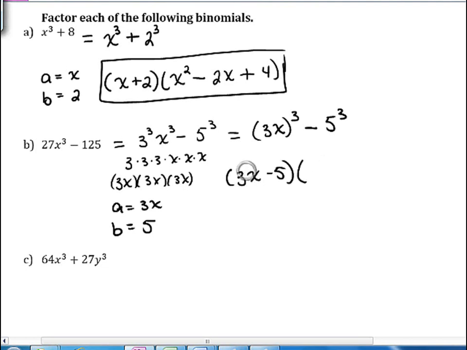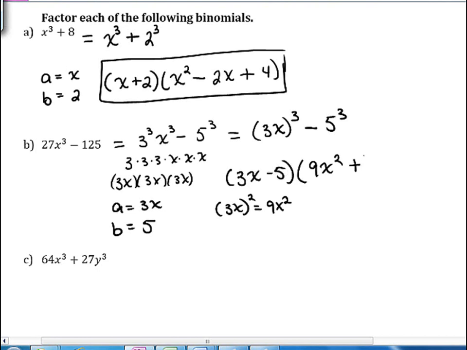And then we square the a, so when we square 3x, that will give us 9x squared. And then we change our sign. Since this is negative, the next sign is going to be positive. And then we multiply a and b together.